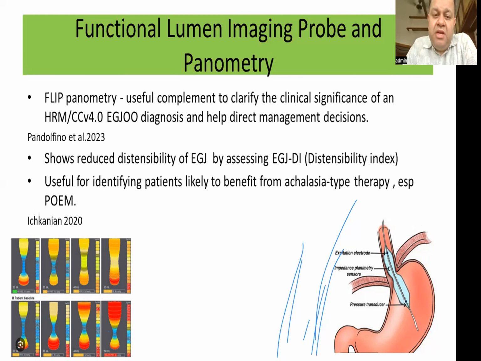Now, if there is a reduced distensibility of the EGJ, then we can identify patients who are having EGJ outflow obstruction. And it also helps us in identifying patients who are likely to benefit from achalasia type therapy, especially POEM and Botox injection that we would be discussing later.